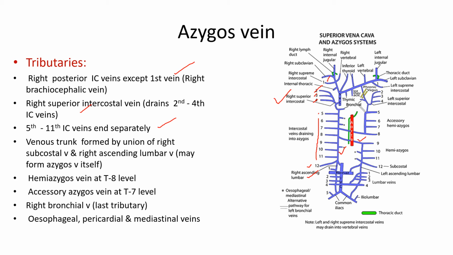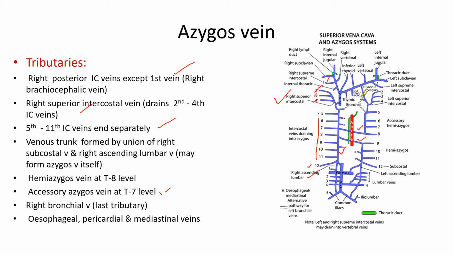Then the accessory hemiazygos vein, which is also joining the azygos vein at the level of T7 vertebra.